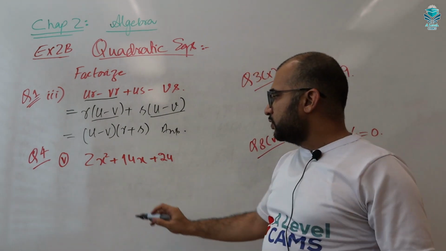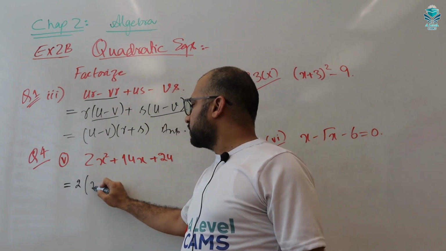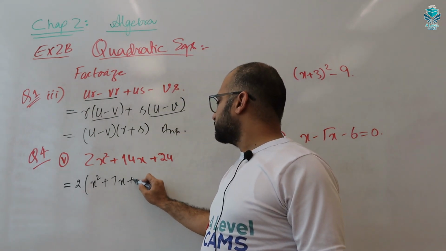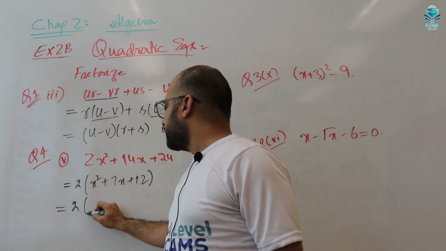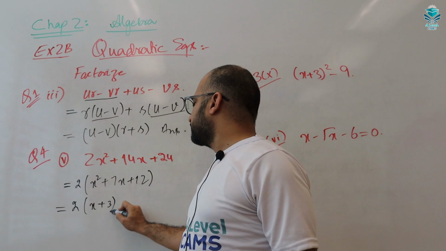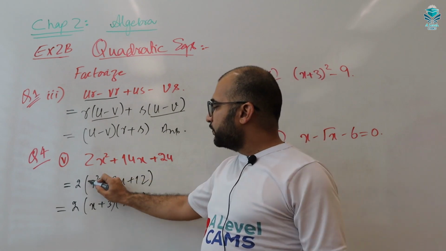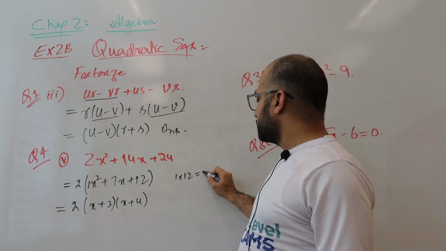Similarly, we have to factorize this one. You can take common from the whole expression. So you have 7x. So you can factorize it by x plus 3 and x plus 4. Actually, the coefficient of x here is 1. 1 multiplied by 12 is 12.